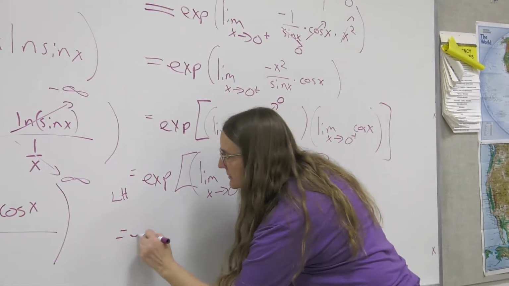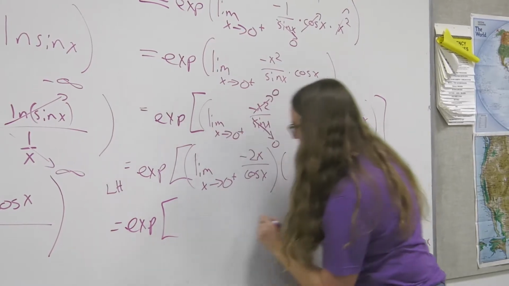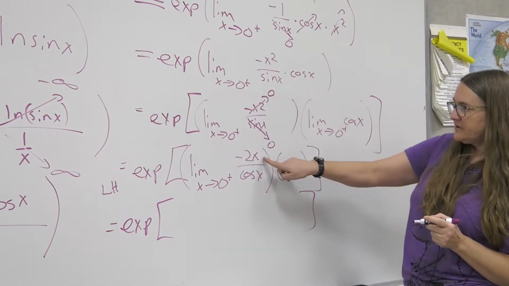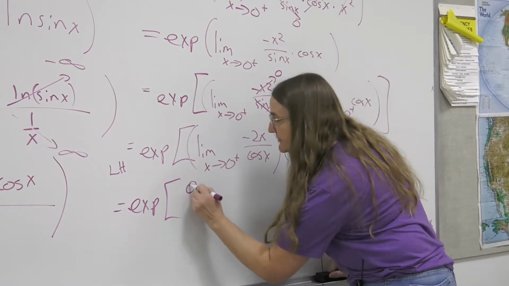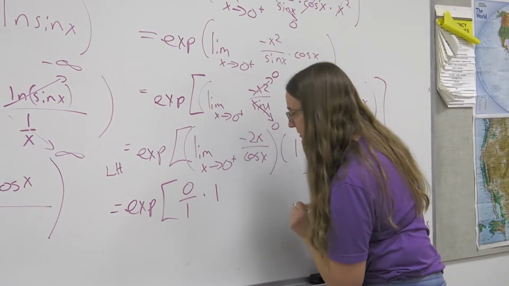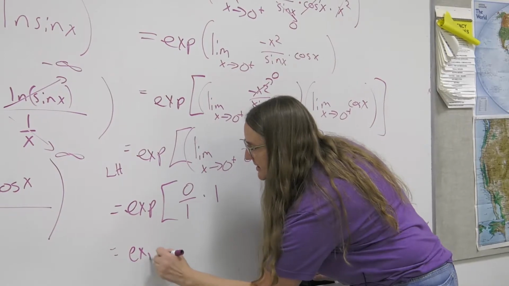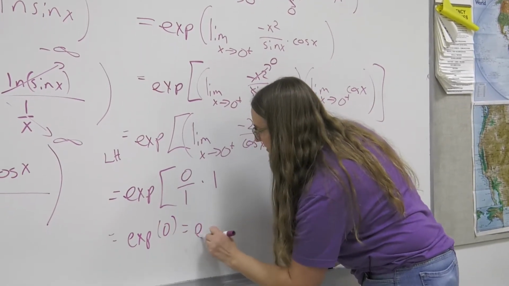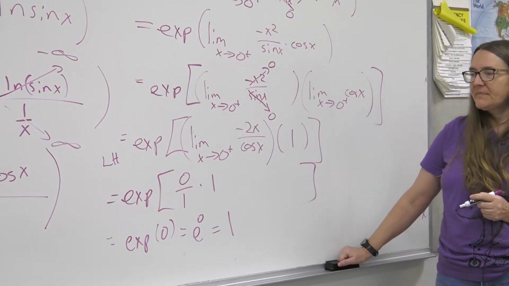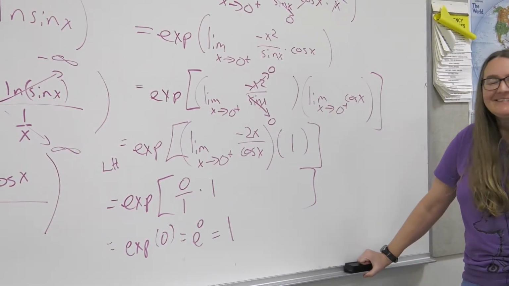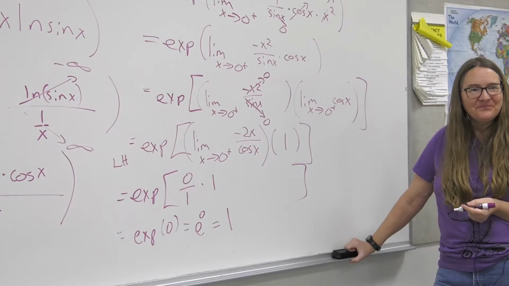So now we can evaluate by just plugging in 0, because this is just going to be 0 over 1. So we get exp of 0 over 1 times 1, which is just exp of 0, which is e to the 0, which is 1. So this whole limit ends up just being 1.